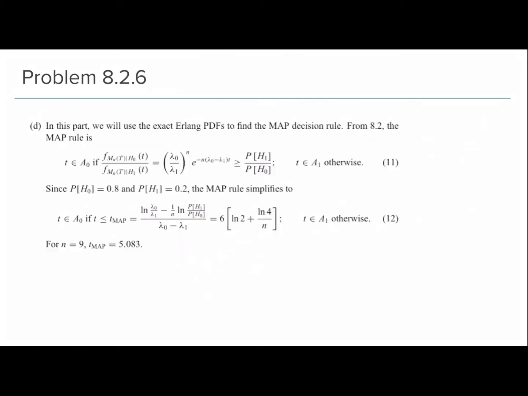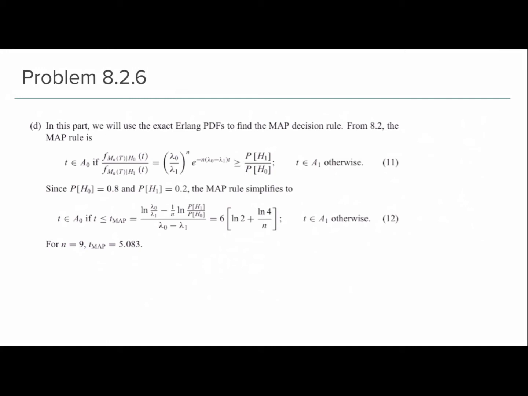So for the next part, we have to do the same thing, but with the MAP decision rule. The PDF remains the same, just that the condition is now that it should be greater than or equal to P of H1 divided by P of H0. So (λ0 divided by λ1) raised to the power n into e raised to the power minus n times (λ0 minus λ1) into t should be greater than or equal to P of H1 divided by P of H0.